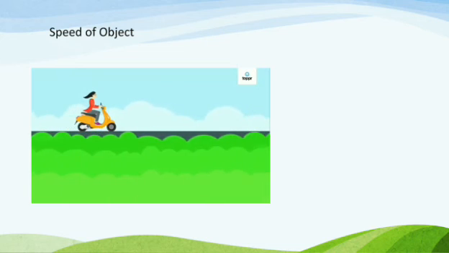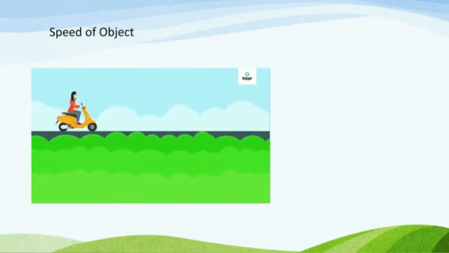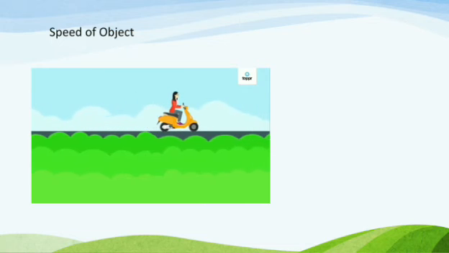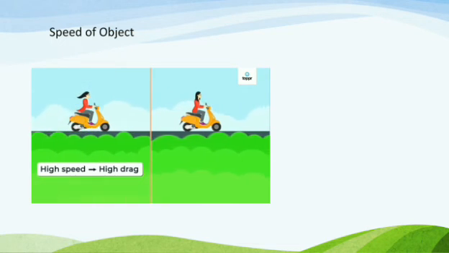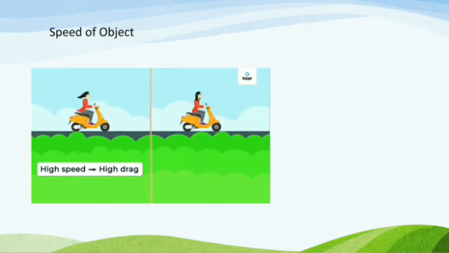Here a girl is moving faster, that means going at a high speed. But in the second case, she is going at a normal speed. In the first situation, the hair and the shirt of the girl seem to be dragged in a backward direction. Why? Because when you move with a high speed, high drag is acting on you.